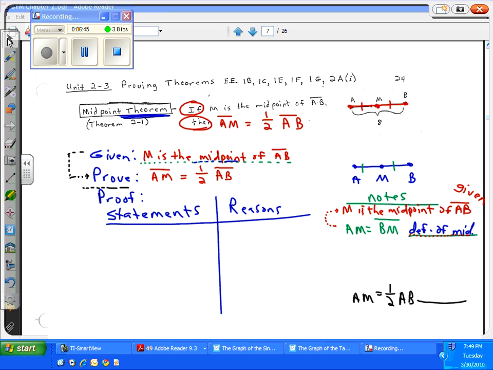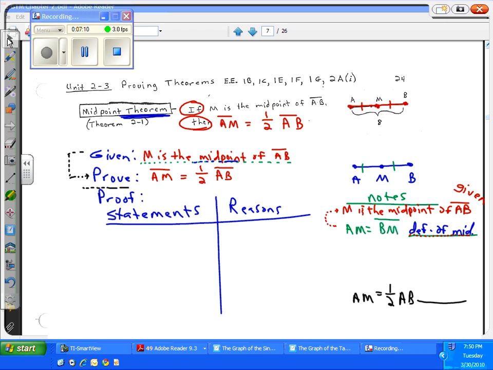But we have to have a reason to say that AM is half of AB. Now, we've got to think about everything we've learned in this entire geometry book so far that would allow us to conclude that two things are equal. So here we go. We start scanning. Well, we started out with three undefined terms: point, line, and plane. We had the definition of a segment.